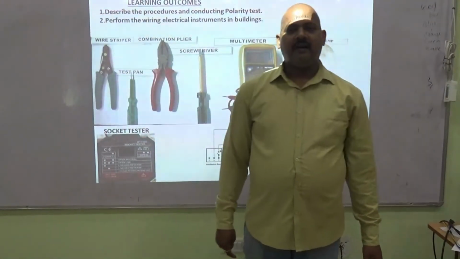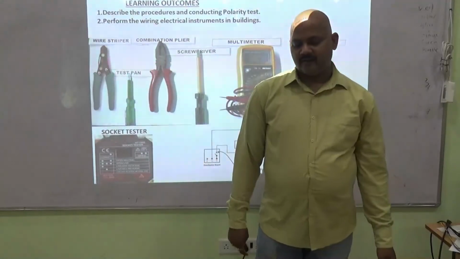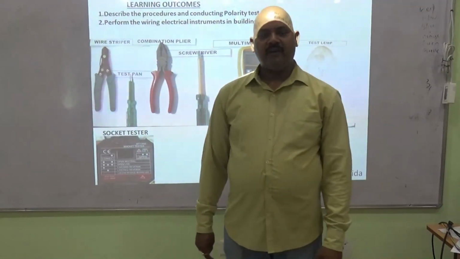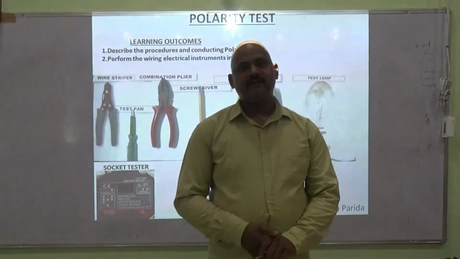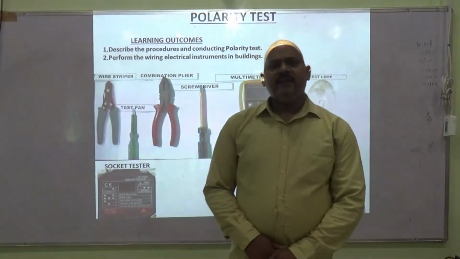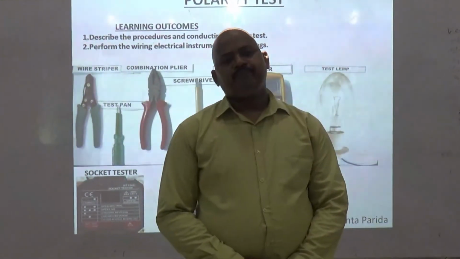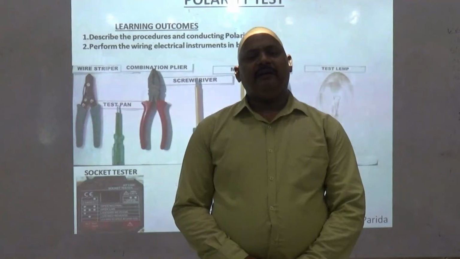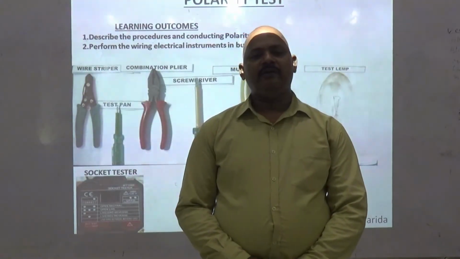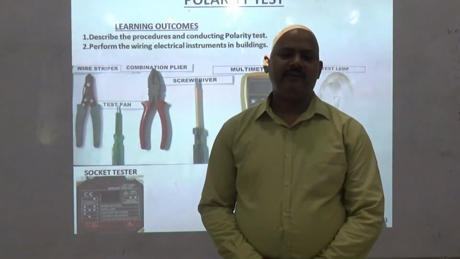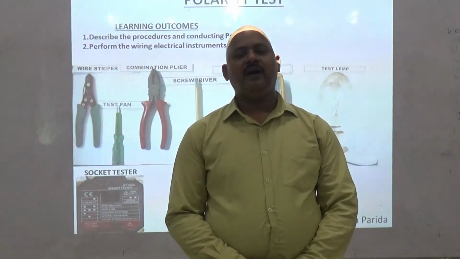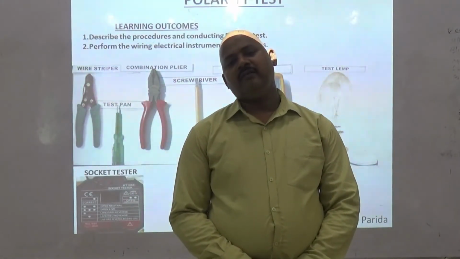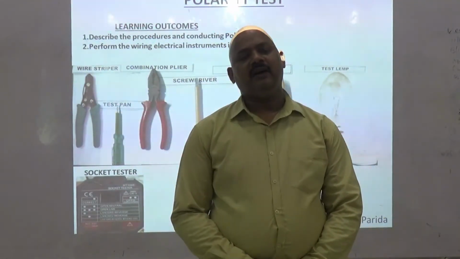Last, I summarize the test for polarity. Why do we do this polarity test? The test should indicate the full voltage between phase and neutral and between phase and earth conductor, but no voltage should be detected between earth and neutral.